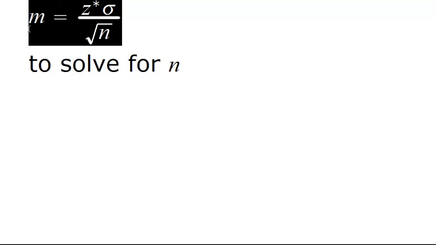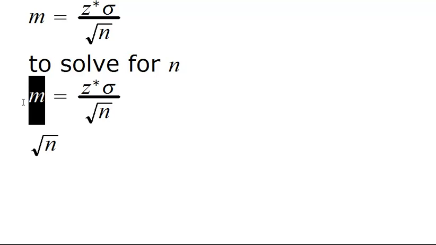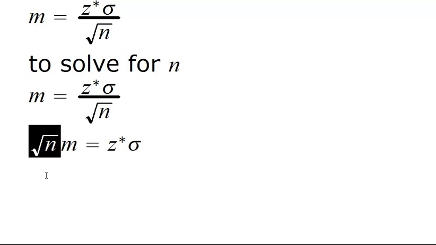So we got this equation, and we have to solve for n. Now the equation has fractions, so a good strategy is to multiply both sides by the lowest common denominator, which in this case is the square root of n. When we multiply, on the left-hand side we will have the square root of n multiplied by m, and on the right-hand side the square root of n will cancel. Now we have to isolate the square root of n.